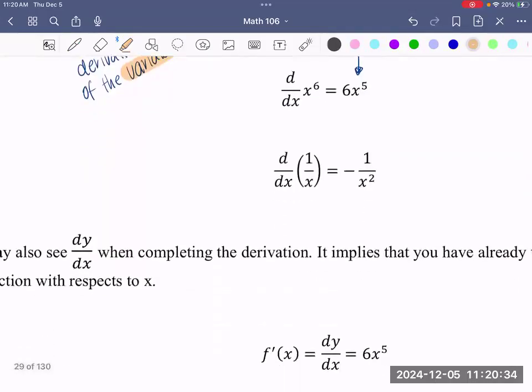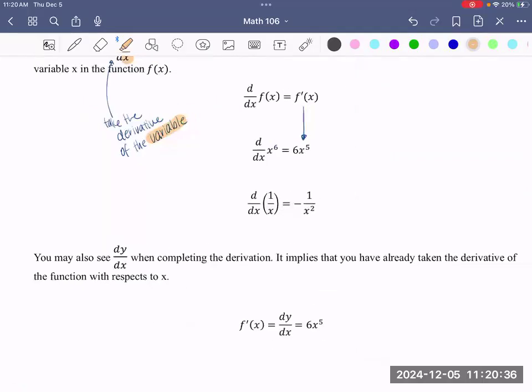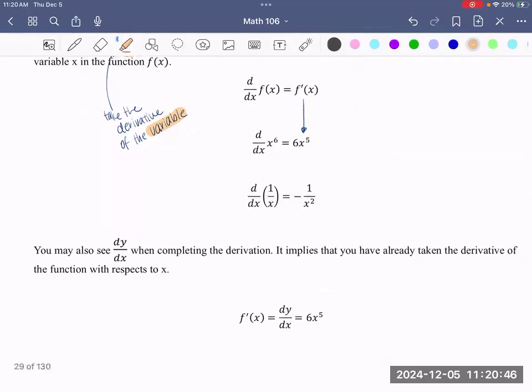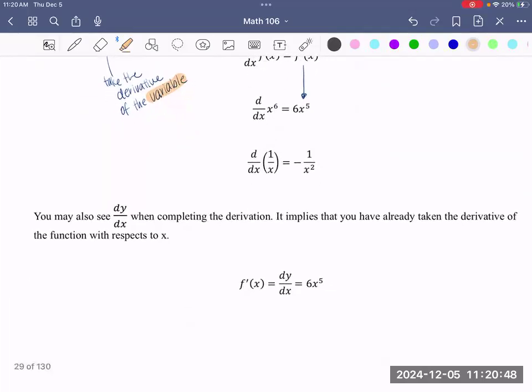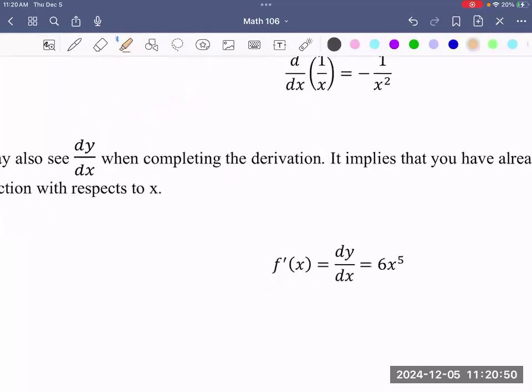You may also see dy over dx when completing your derivation. So it implies that you have already taken the derivative of the function with respect to x. So at the very end, sometimes you can include dy over dx.